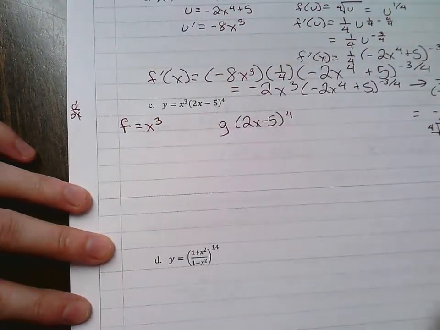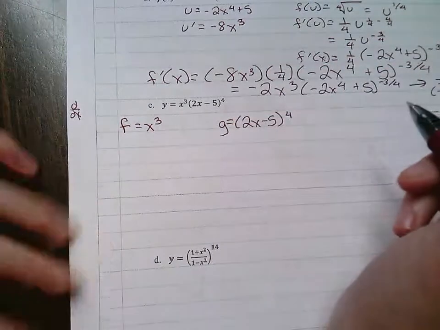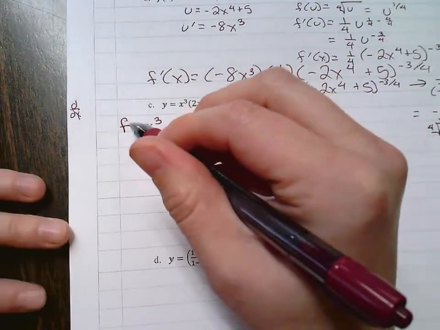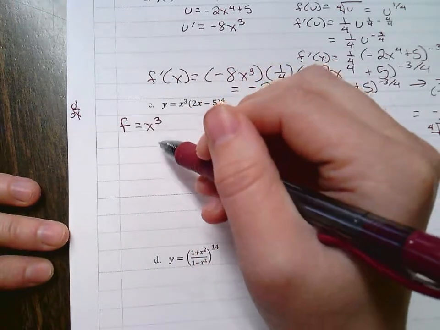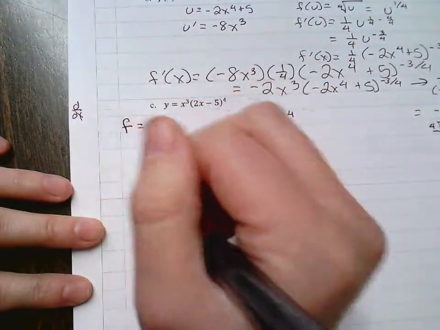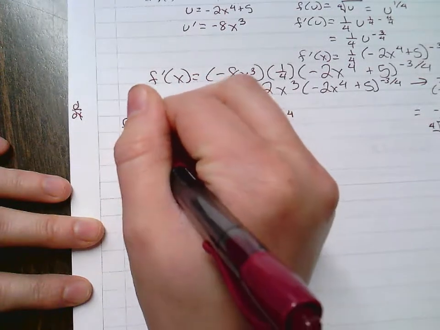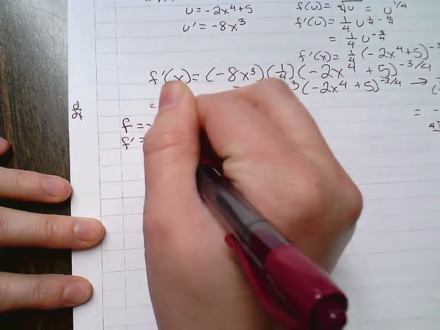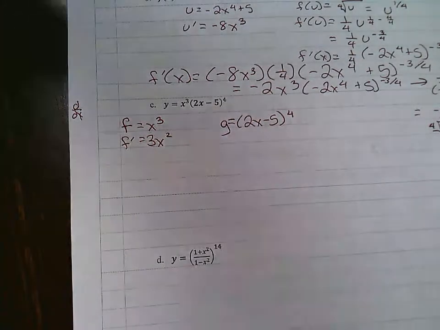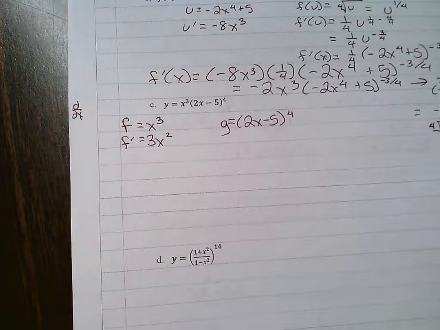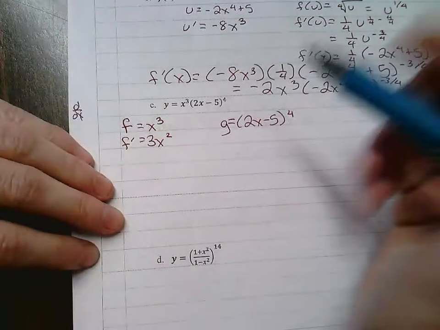Okay, so everything is peachy here, but then we get to finding the derivative. So the derivative of f, that's going to be 3x squared. Okay, I'm going to use another color for this so you can see. So we need to find the derivative of g.